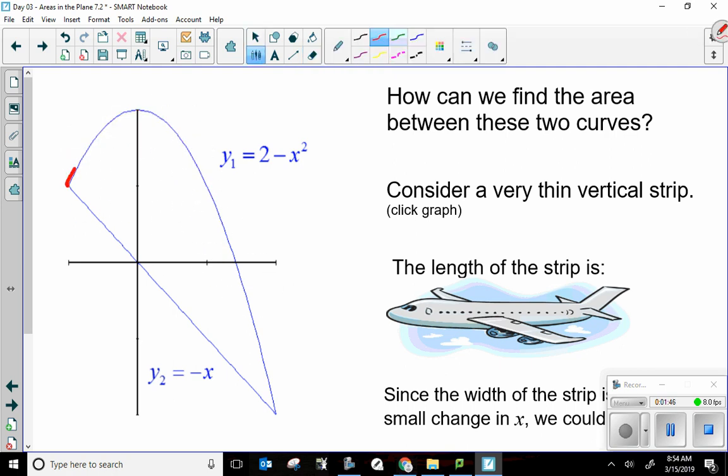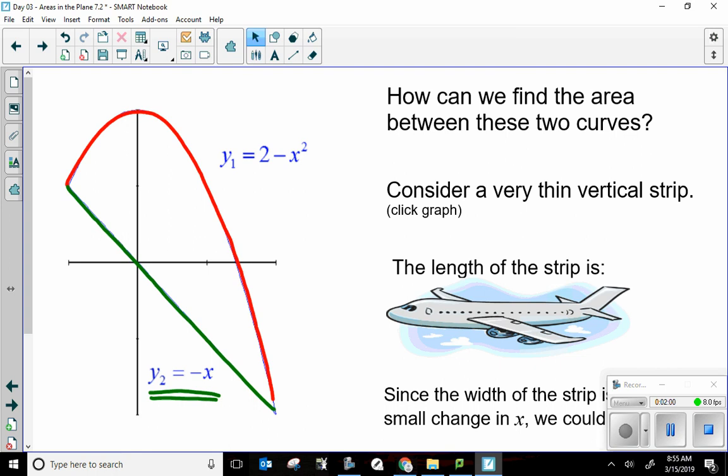I'm doing the area not only under this curve, but between that curve and this straight line, which we're calling y2, and that function is negative x. And the curve, in case you couldn't tell, is y1, and that is 2 minus x squared. Now here's the thing.